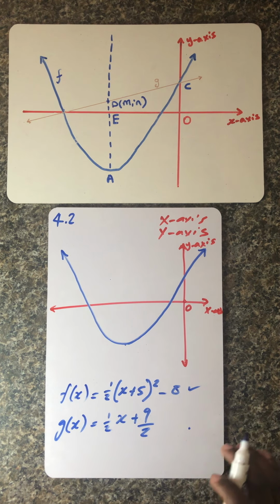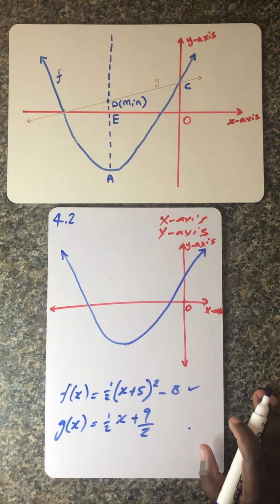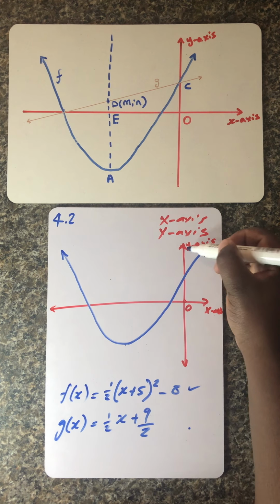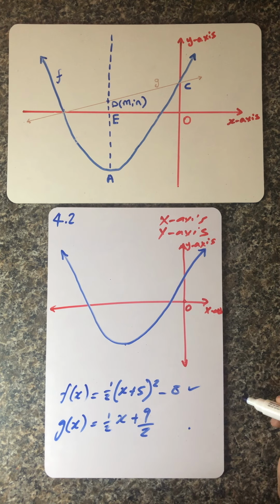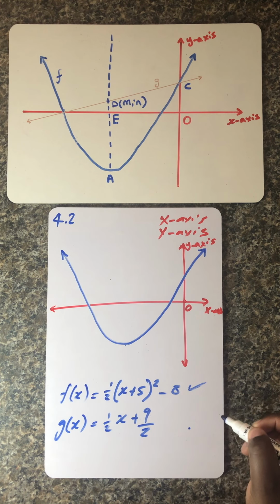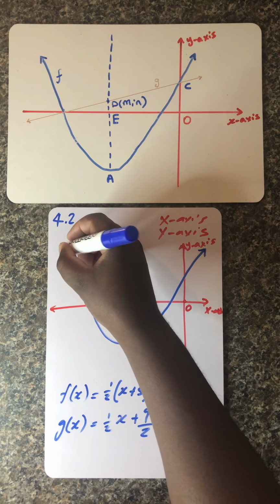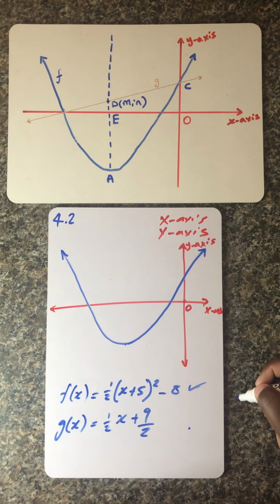But when you try to redraw it, there are some things that you easily notice as you draw the graph. For example, we've already drawn the axes. Now that we are done with the axes, we draw the first graph. We know a parabola goes with something called the axis of symmetry.